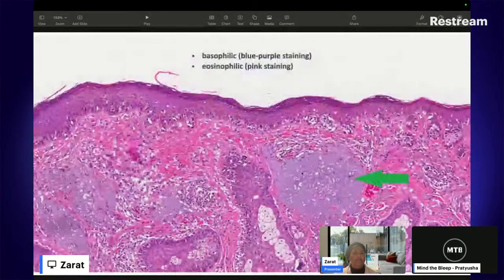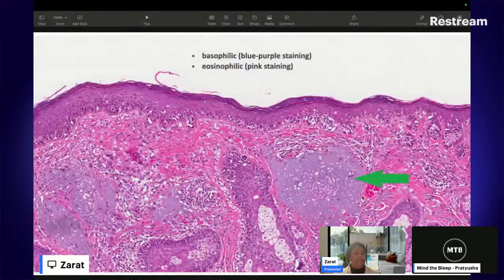Whereas here, if you look at this area, these areas are more bluish purplish staining. They stain a bit more blue or purple, and they are a bit more haphazard. If you can see the filaments and fibrils here, they're just haphazard, not as nice and linear as we saw before.